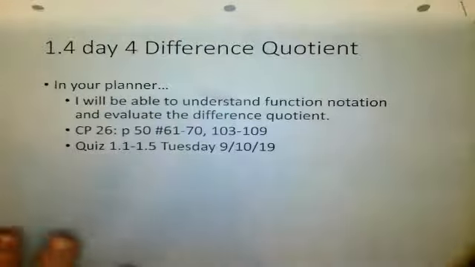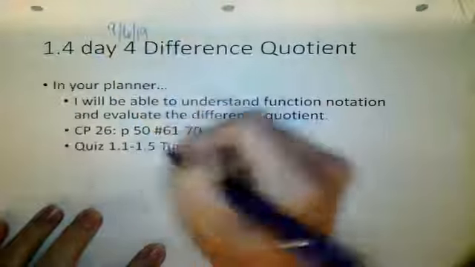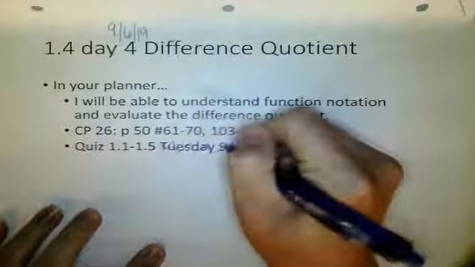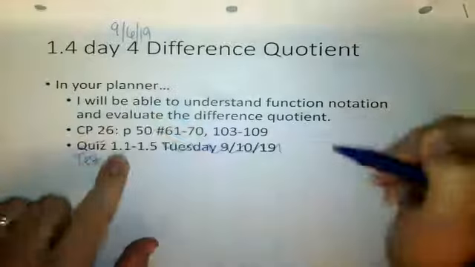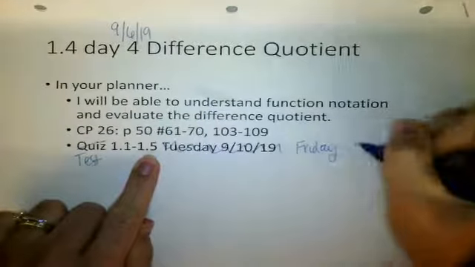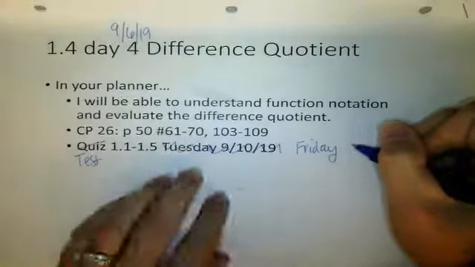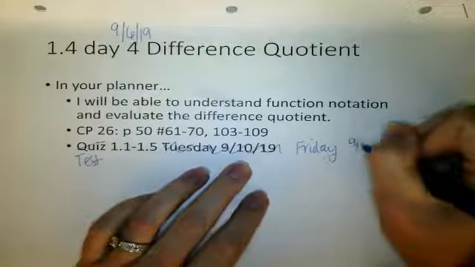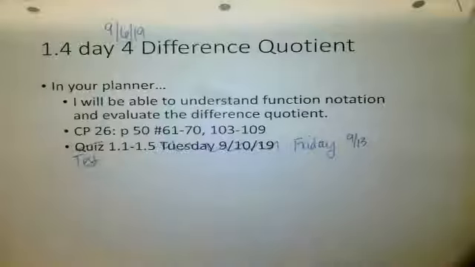Okay, today is September 6th, 2019, and this is completely wrong. You're going to have a test on sections 1.1 to 1.5 on Friday. No, a quiz? What's the day? Are you serious? Friday, 11, 12, 13. Wait, putting it on Friday the unlucky 13th.